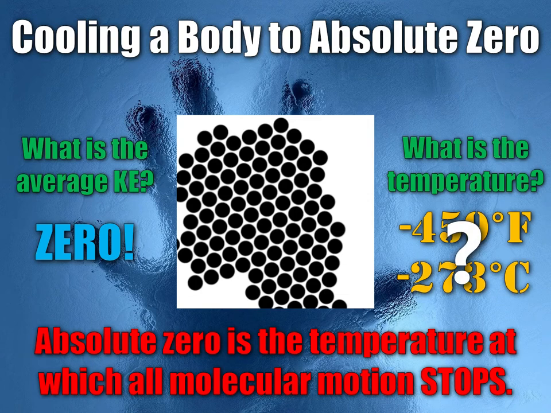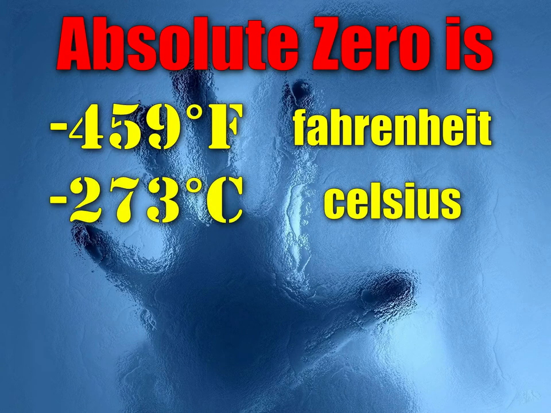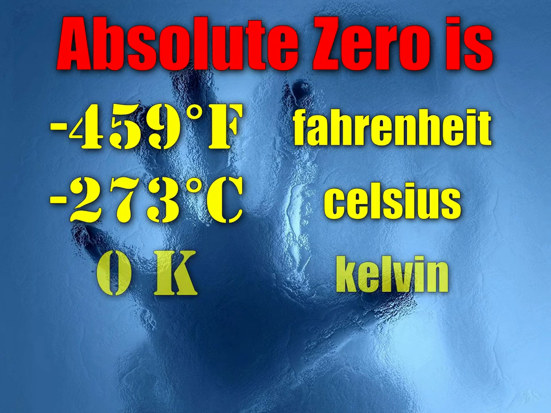Now that we know there's a coldest possible temperature, we need to make sure that a 0 temperature is actually referring to 0 kinetic energy of the molecules. The way we fix that is by using the Kelvin scale. So we say absolute zero is negative 459 Fahrenheit, negative 273 Celsius, but now we have a new scale which is based on absolute zero, which says absolute zero is 0 Kelvin.